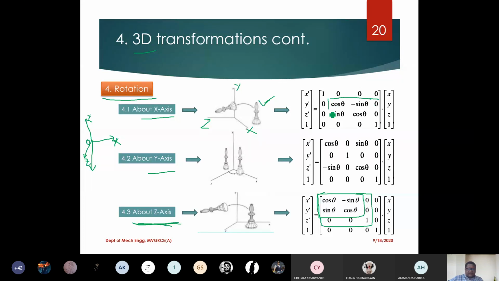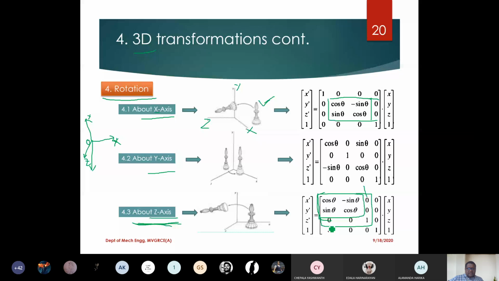Why? Because when you rotate about the x-axis, you are rotating the y terms. Look at here. When you are rotating about the z-axis, all the third row and third column terms are filled with zeros and ones, leaving aside the fourth row and fourth column. Leave about that one.